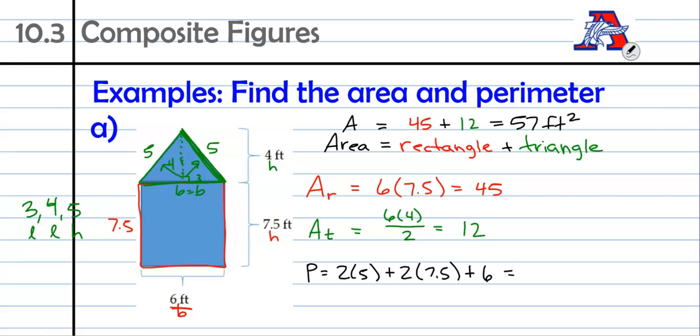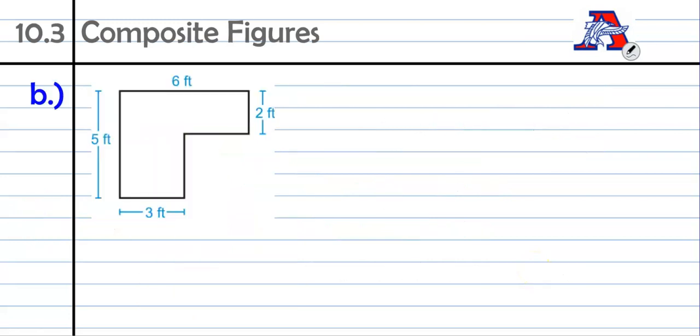So that's going to end up being 31 feet to get all the way around our house. All right, and then we're just going to do this one more example, and this one I think is actually going to be a little bit easier. There are multiple ways that you could do this composite figure. So if you see it a little bit differently than me, that's totally fine.